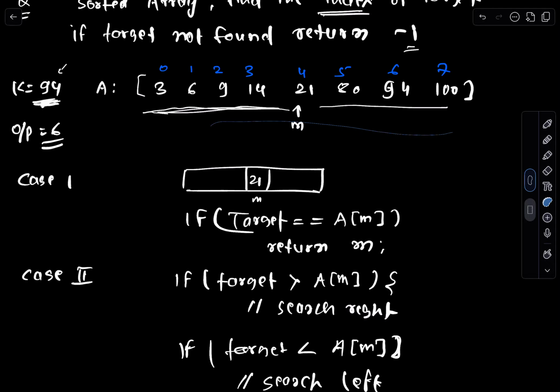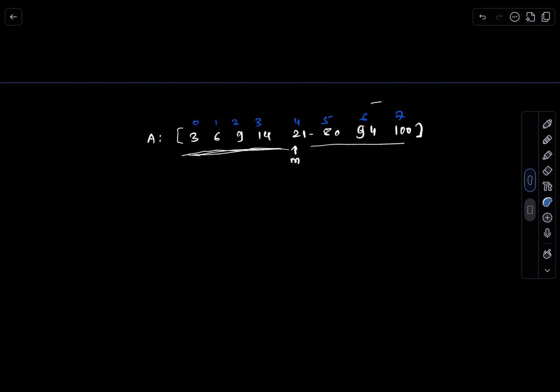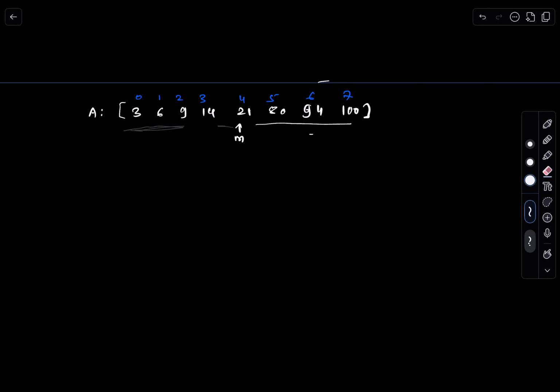Got it? Now let's dry run first, and then we will proceed with the final pseudocode. Okay, so K is 94. We have the target 94. Let me dry run first.